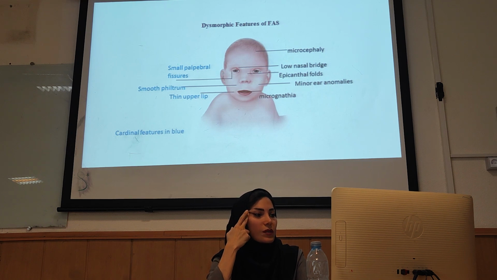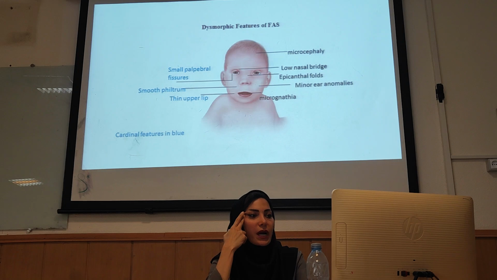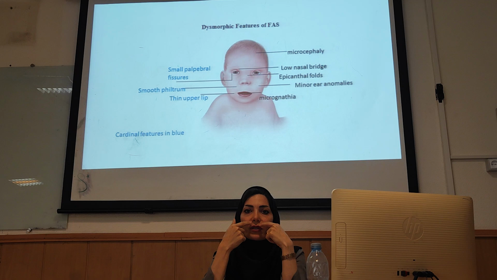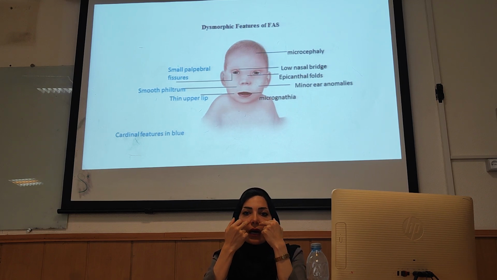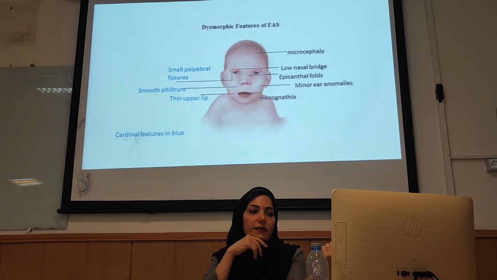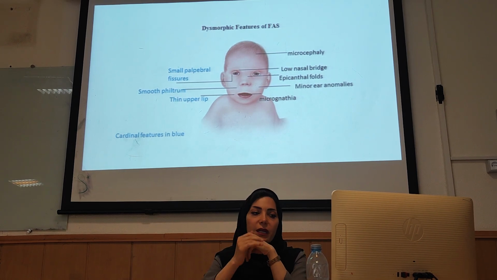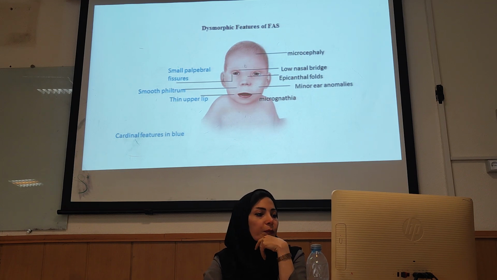You see some manifestations such as microcephaly, low nasal bridge, epicanthal fold, and normally you see two projections between upper lip and nose. These are two lines, so-called philtrum. In this fetus, these projections or philtrum are absent because of fetal alcohol syndrome.